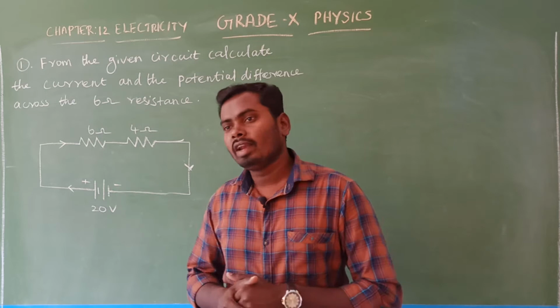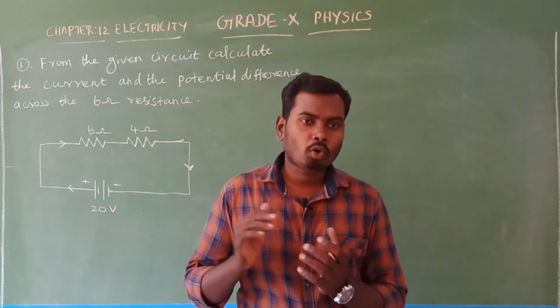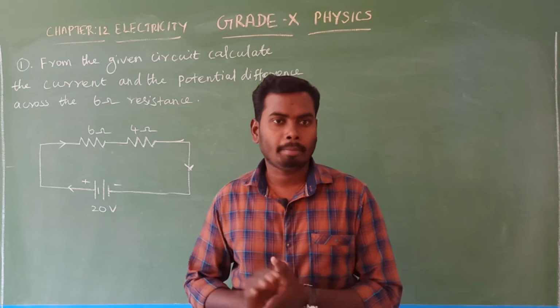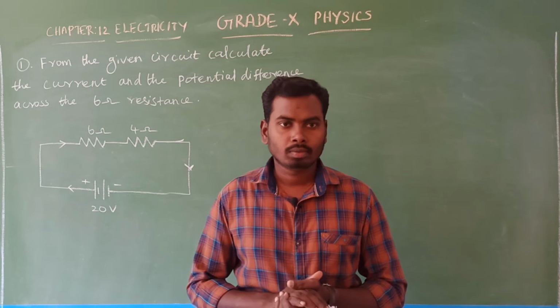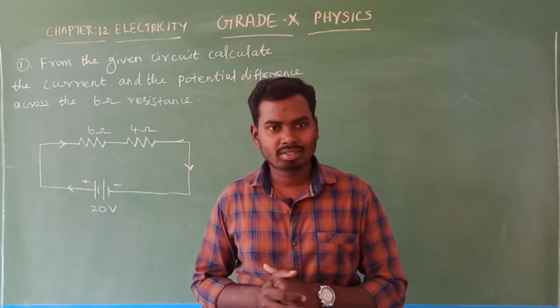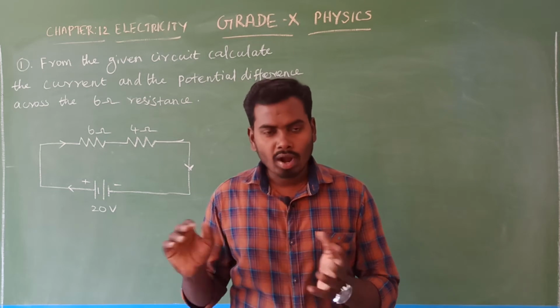In parallel combination, voltage remains the same, which means the potential difference remains the same, but current gets distributed. What is the total resistance?